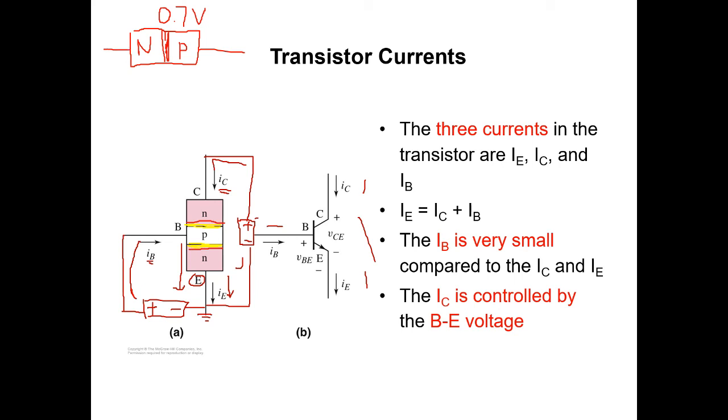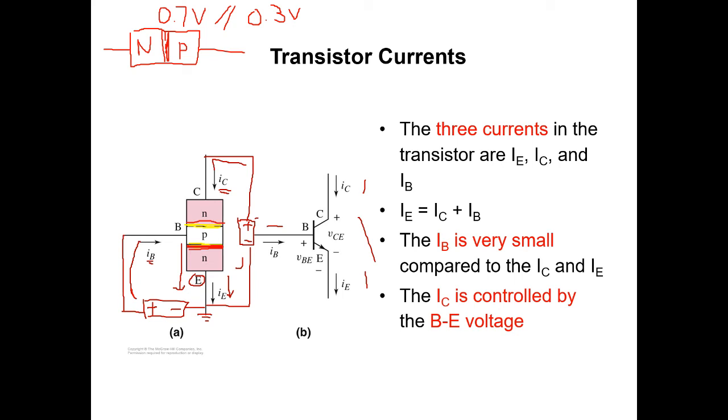If germanium, it is 0.3 normally. So this value is referring to the depletion region value over here. Okay, so this is the arrow for the current flow from IB to IE.